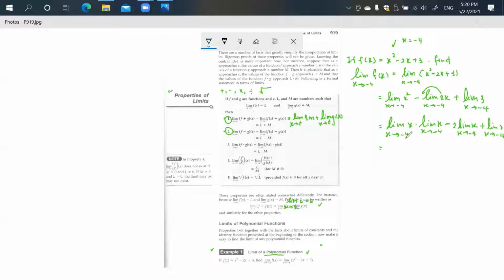So after this, you just substitute x with negative 4. So it becomes negative 4 squared, and this one is negative 4. Don't forget when you replace the value of x with negative 4, the limit word is no longer written. So then minus 2 times negative 4 plus 3. Now this is the one from the definition.